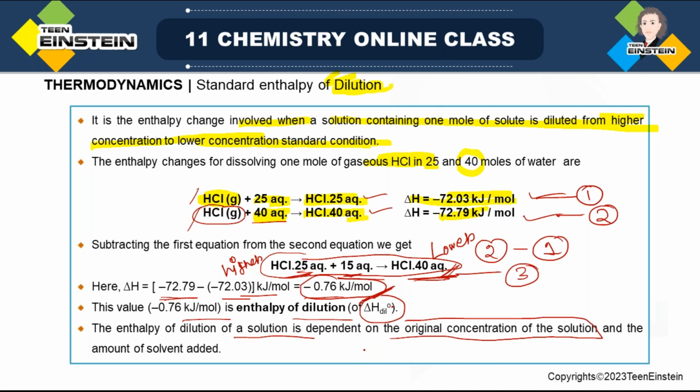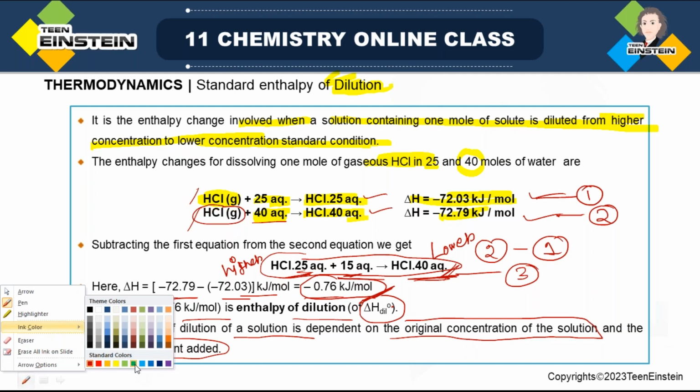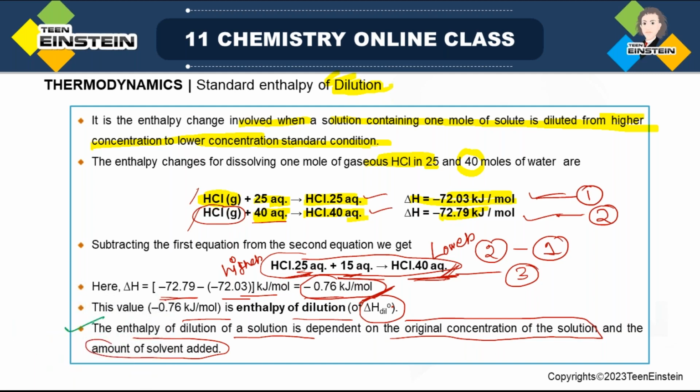So that is why it is written here. Enthalpy of dilution of a solution depends on which original concentration you have started the dilution process from, and also the amount of solvent added. So in the last statement, read it carefully.